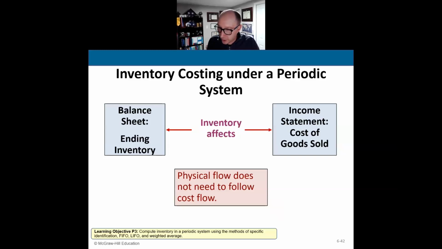We debit cash or accounts receivable and credit sales. And the second one is we debit cost of goods sold and credit inventory. Okay. In that second transaction, that's where this inventory effect takes place.